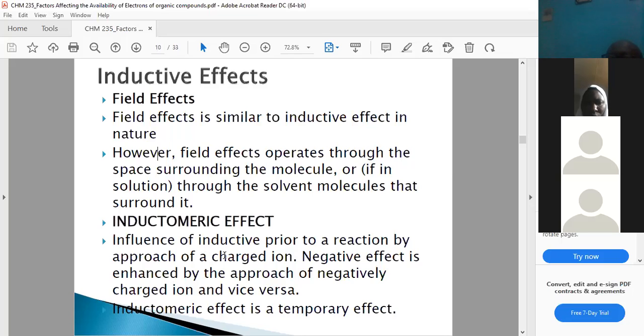This one is as a result of influence of a negatively charged ion or a positively charged ion. It is this ion that will induce the charges in the molecule. This is what we call inductomeric. It's not inductive effect per se, but it operates as inductive effect, and it's as a result of an ion in the proximity of the molecule.